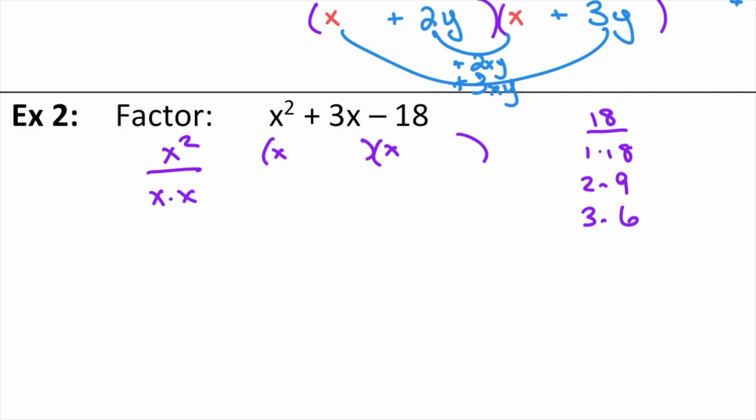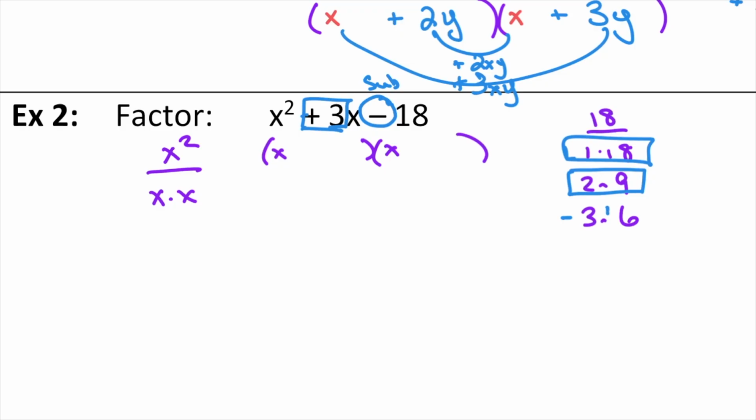So now we have to figure out, am I adding or am I subtracting? And right here, this sign tells me that I will subtract. But what do I want to get? I want to get a positive 3. So look at your list. Is there any way that I can subtract a 1 and 18 to get a positive 3? No. 2 and 9? No. Aha! This next one.